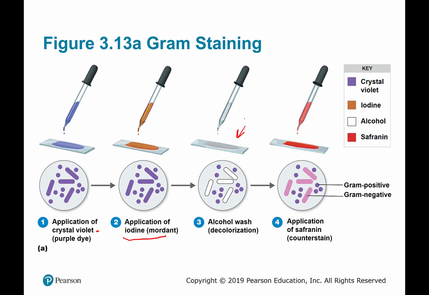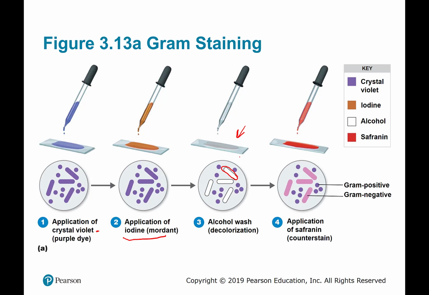And the alcohol, for the Gram-negative organisms, is going to dissolve their lipid outer covering and make those cells more permeable. And that crystal violet iodine complex can then exit the cell. So after this stage, those organisms that are Gram-negative, these are the rods, are going to appear clear because you have rinsed out that crystal violet iodine complex.